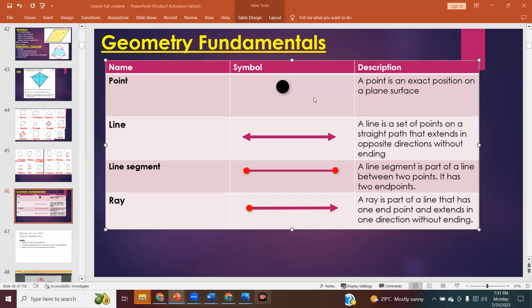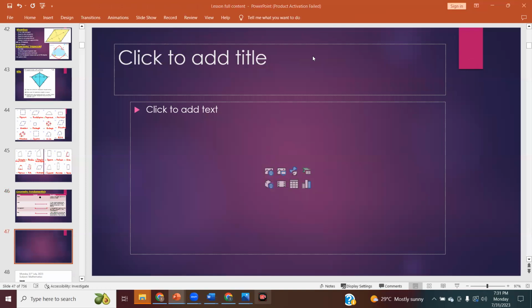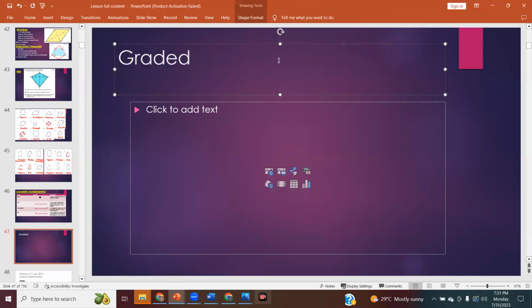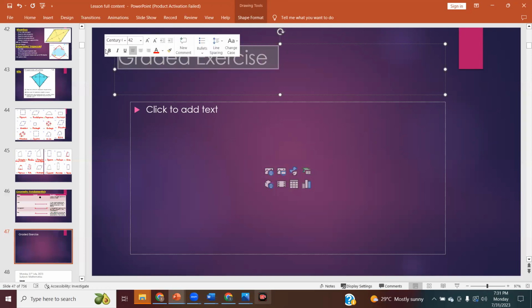Okay, so let's move on to the actual graded exercise. We're going to have different sections.